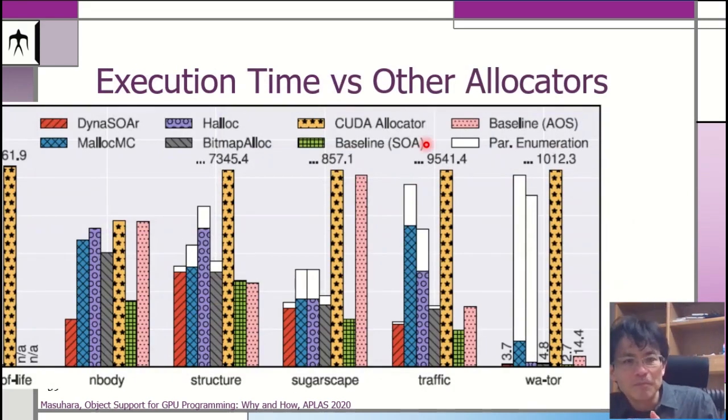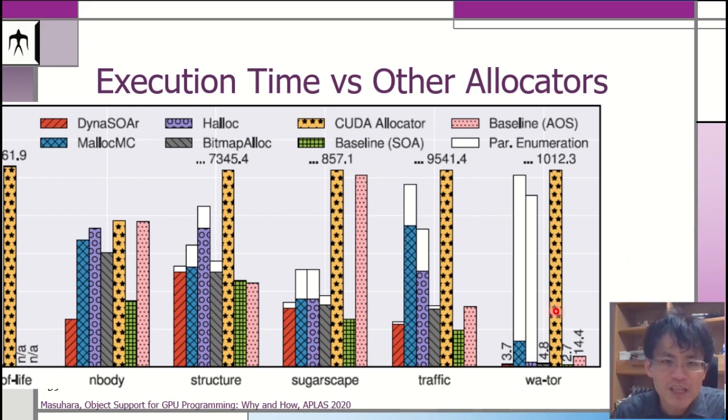Okay, I have explained the implementation techniques and how it is efficient. So we wrote several applications in Dinosaur and with other memory allocators to compare the performance. And this graph shows the execution times of those applications. Each group of bars corresponds to one application. This is Fish and Shark, this is traffic, and so on.